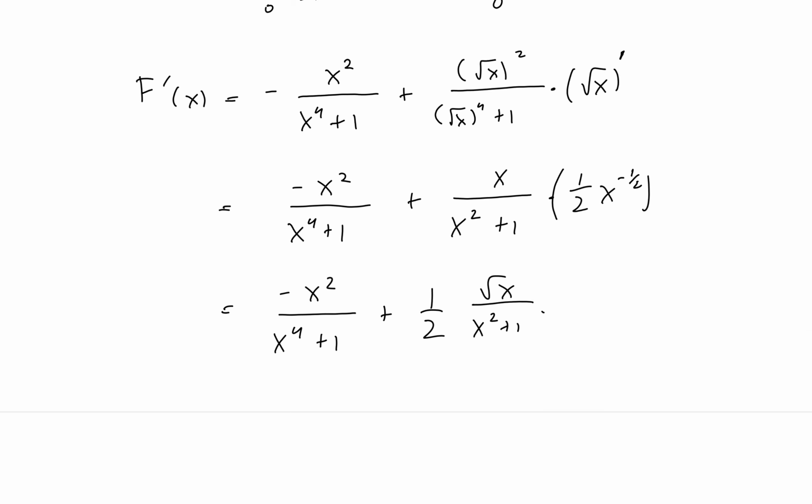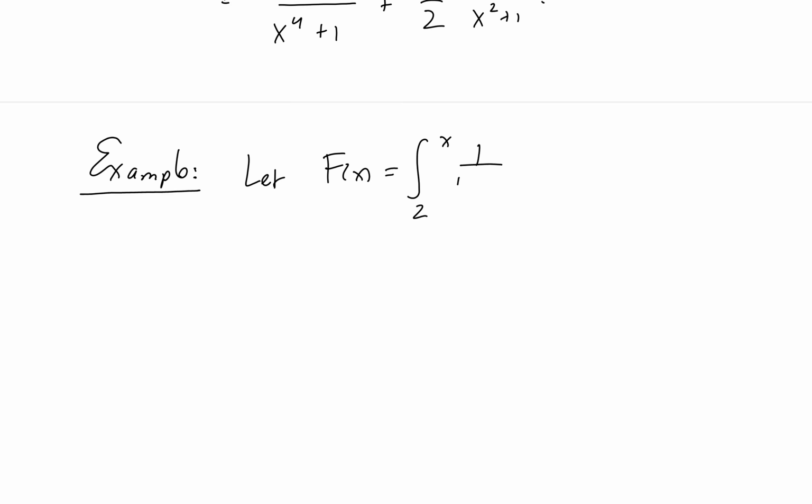Okay, let's see one more application of how we can use this. So let's let my function here be the integral, say, from 2 to x of 1 over natural log of t dt. And this is for x bigger than or equal to 2.